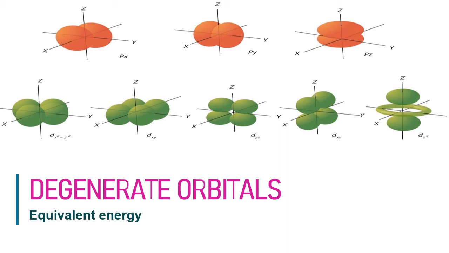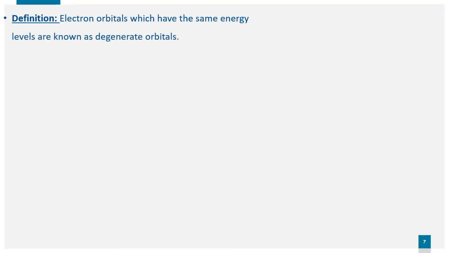Electron orbitals which have the same energy levels are known as degenerate. That means px, py, pz of the p, they are degenerate. 5d of the d, they are degenerate. 7f of the f, they are degenerate. So they are called degenerate orbitals.